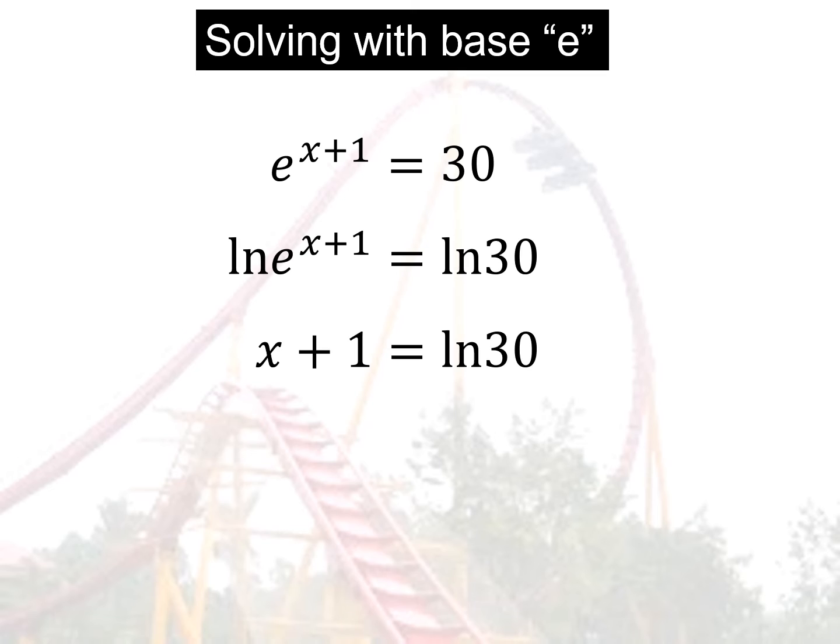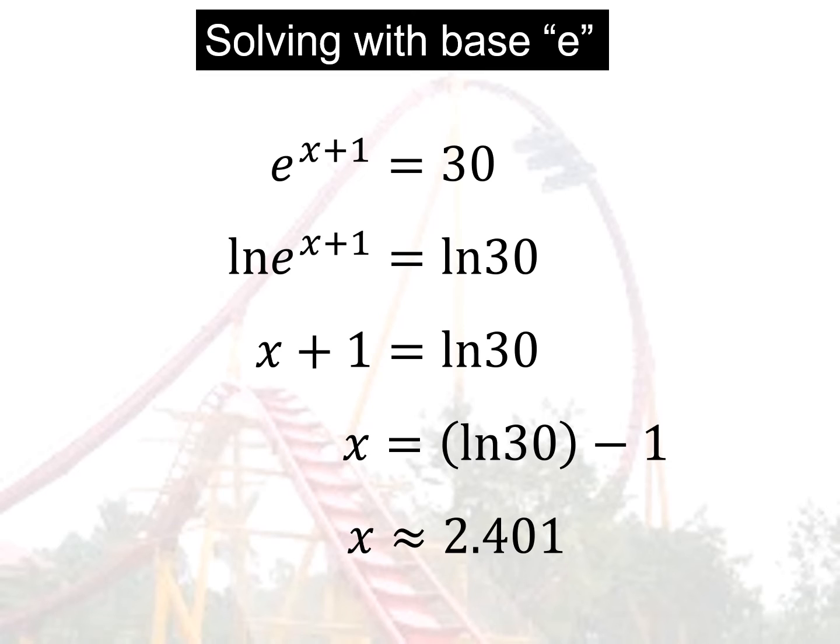From here, we are going to transpose 1 to the other side, so ln 30 minus 1. Using the calculator, just press ln 30 minus 1. So x is approximately equal to 2.401.